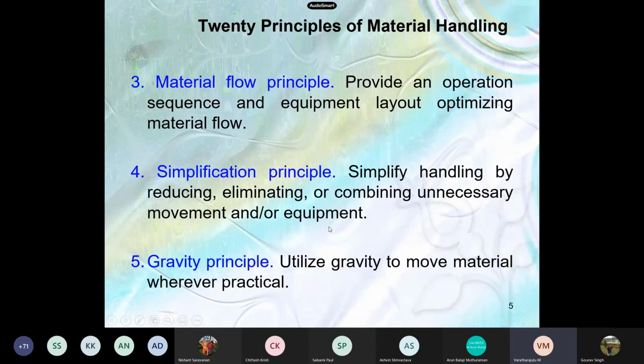These things we need to remember during material handling. And the material flow principle: provide an operation sequence and equipment layout optimizing material flow. Already in production subjects or industrial automation, the plant layout has to be in a way that we can utilize the various operations optimally.